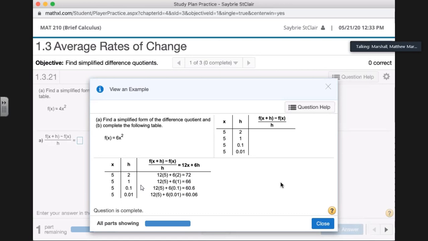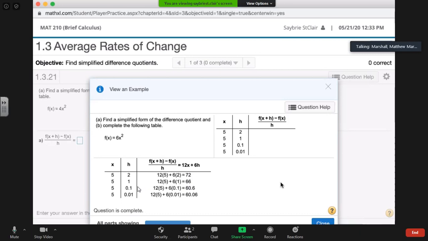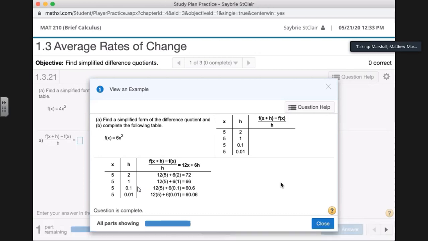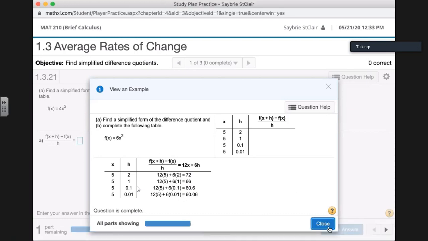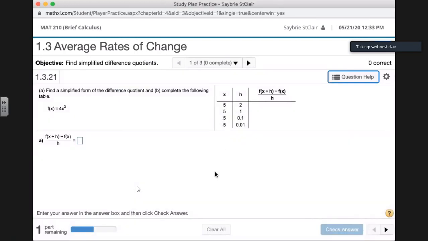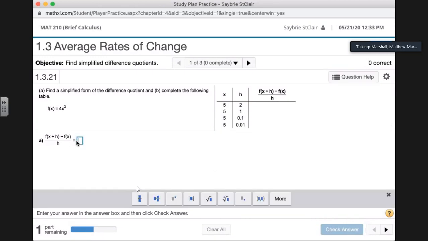Pretty straightforward, but a lot of math. Alright, so we want to try this practice one. So f of x equals 4x squared, and it wants f of x plus h.